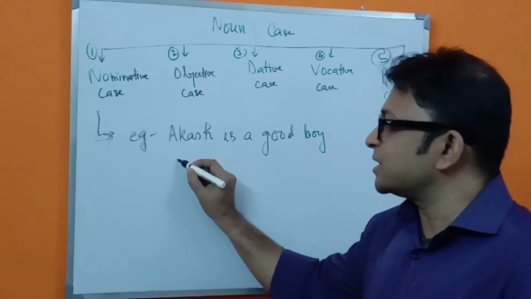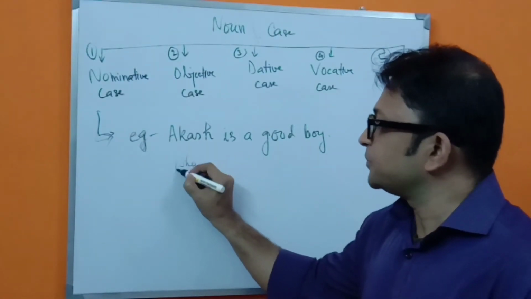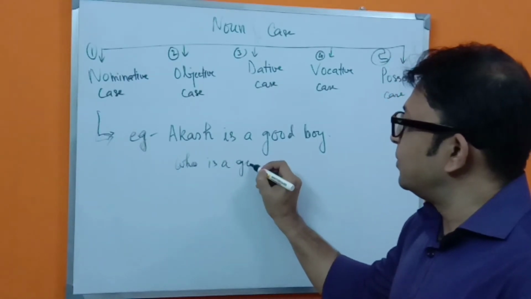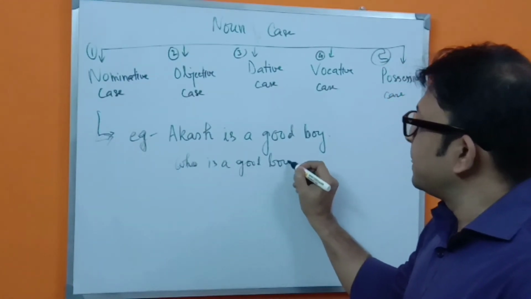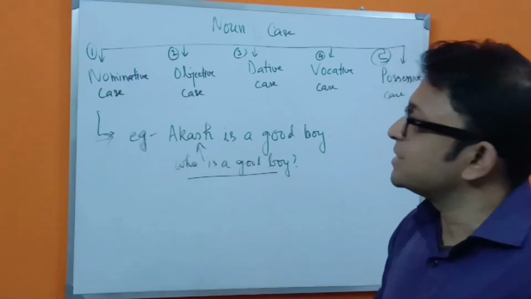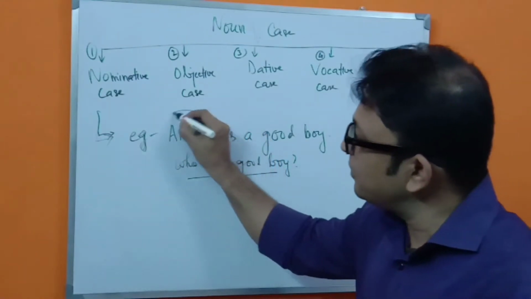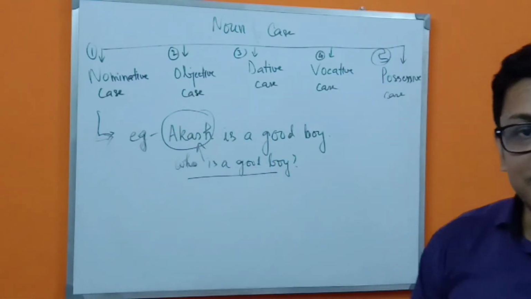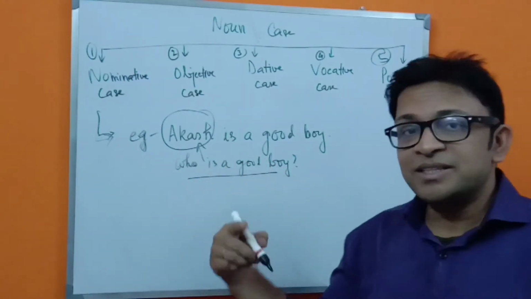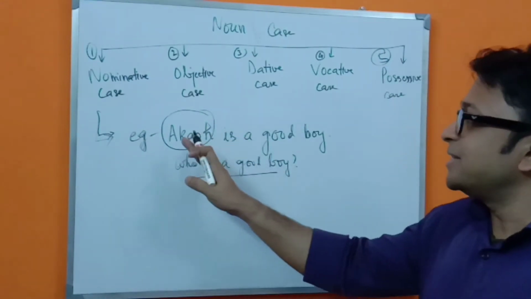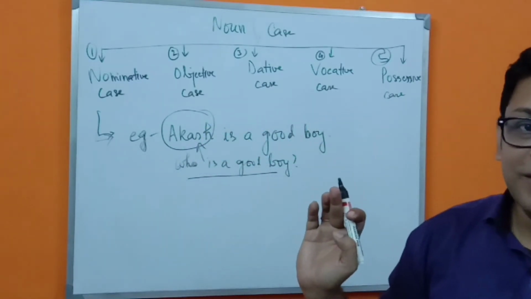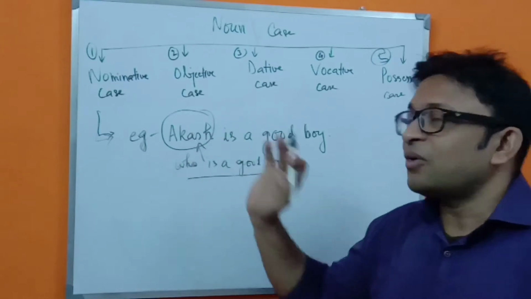If you ask the question, who is a good boy? What answer are you getting? The subject. So this noun is acting as the subject of the verb. So this is called a nominative case.